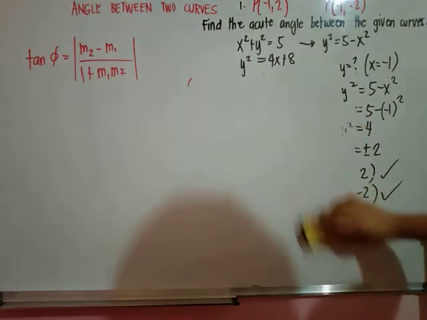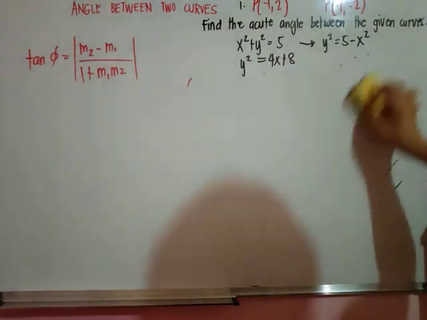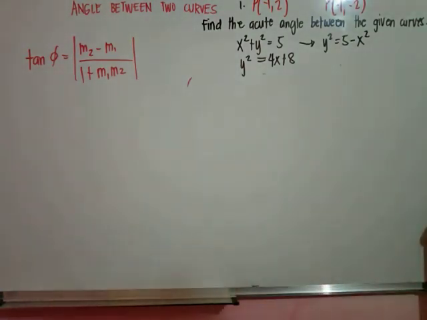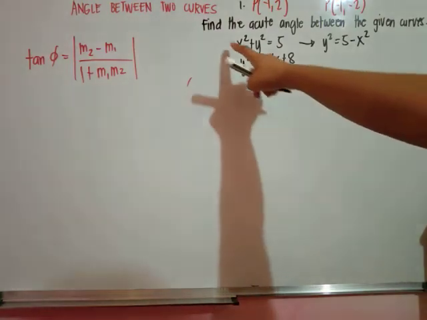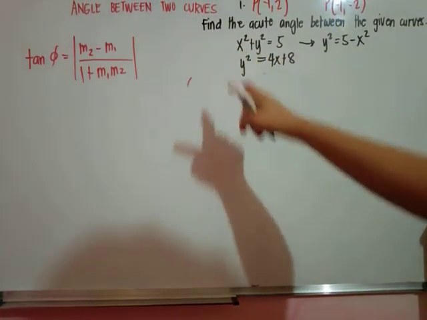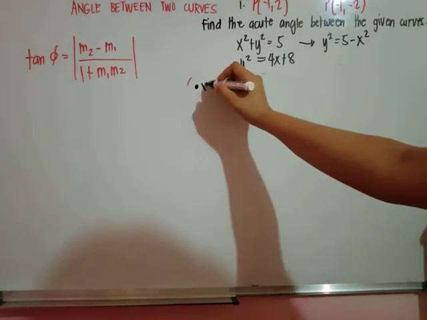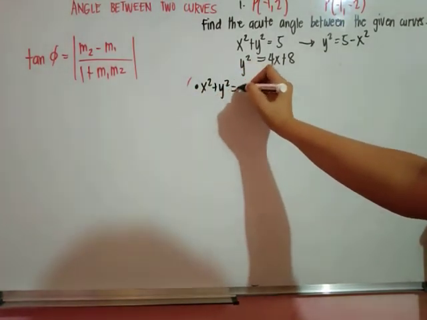So, pag nakuha na yung point of intersection, ano yung next step? So, i-determine natin yung slope ng mga tangent ng bawat curve. So, yung first curve natin, which is x squared plus y squared equals 5.